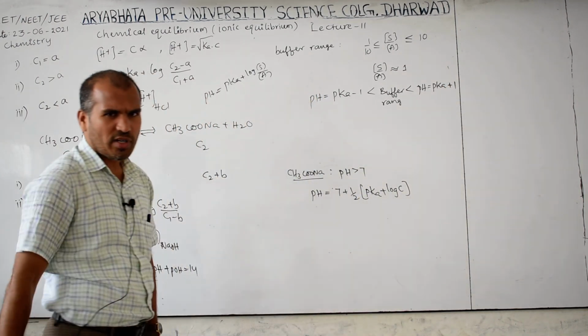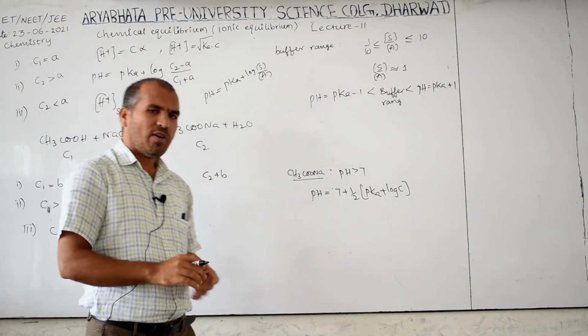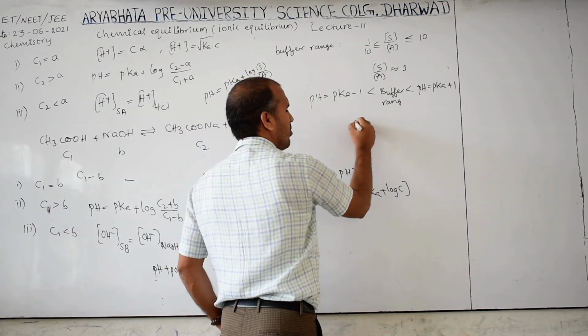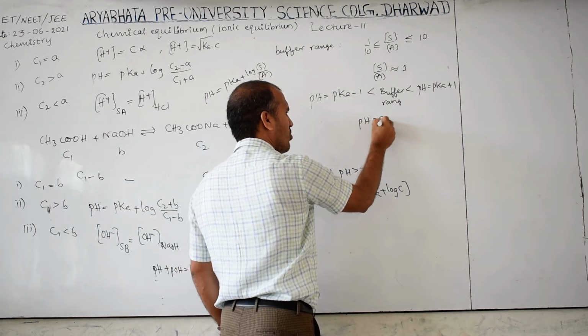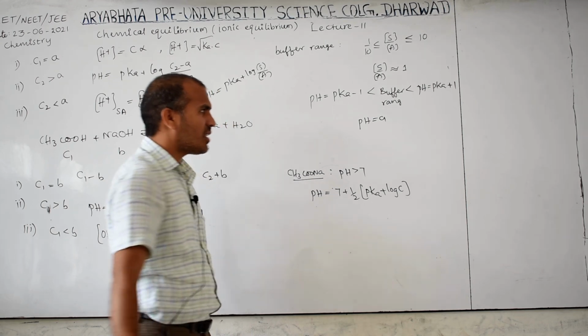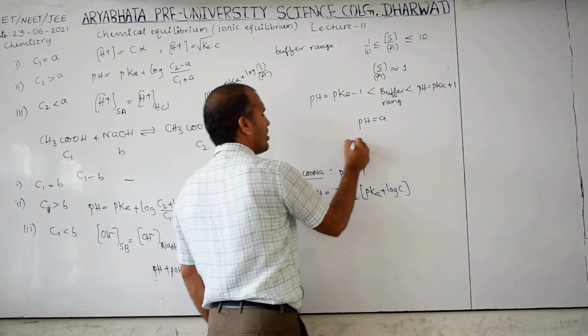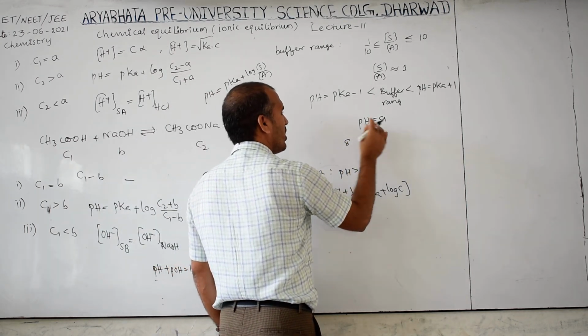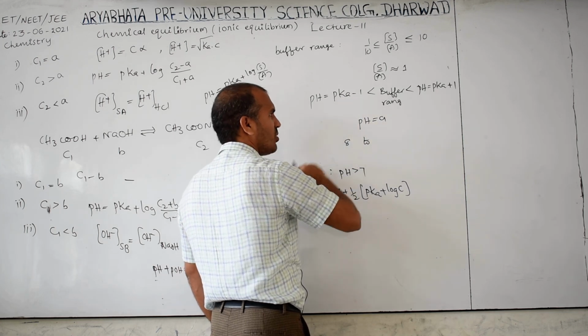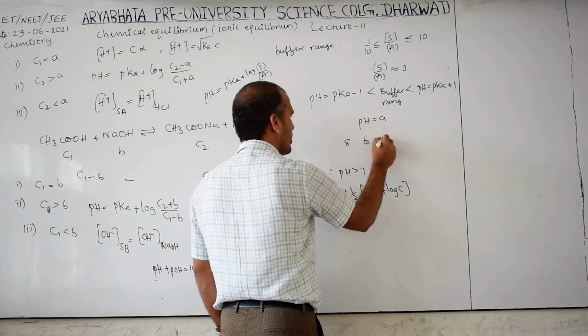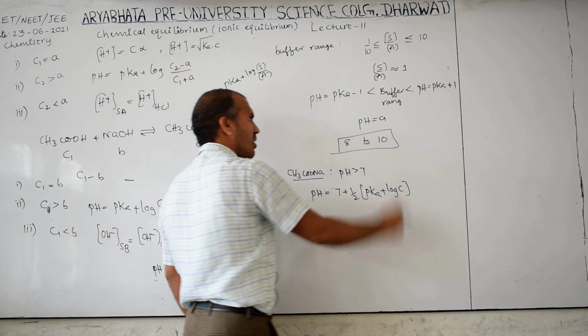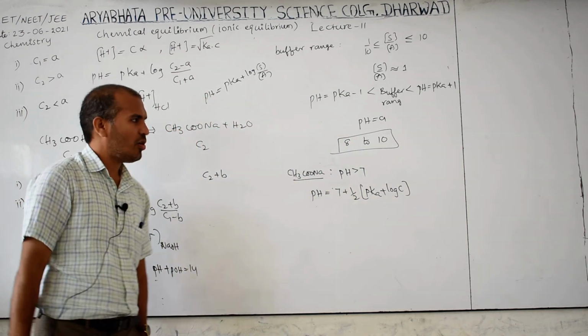This is the buffer range. If they ask a buffer solution has pH equal to 9, then what is its range? 8 to 10, we subtract 1 and add 1. In this range, this is the buffer range of that solution.